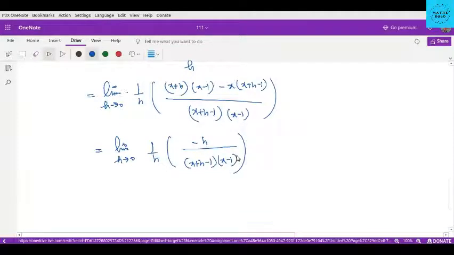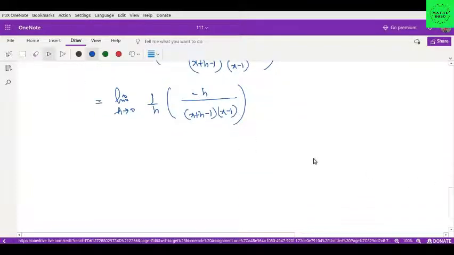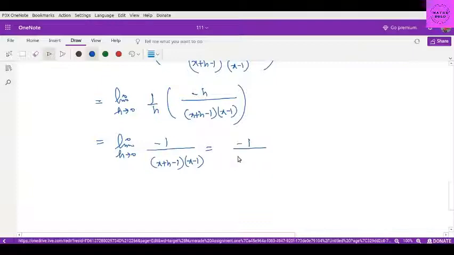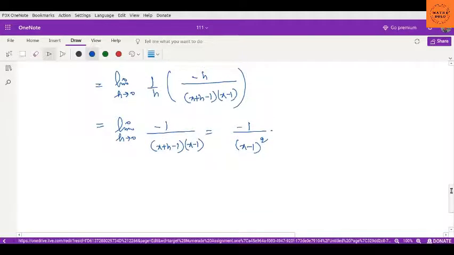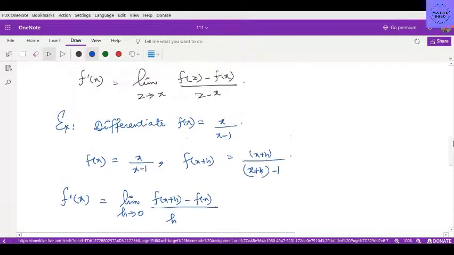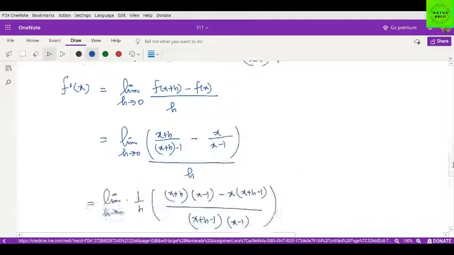And further this equals limit h tends to 0, minus 1 over x plus h minus 1 into x minus 1, that equals minus 1 upon x minus 1 whole square. So this is the derivative of f(x) equal x upon x minus 1.